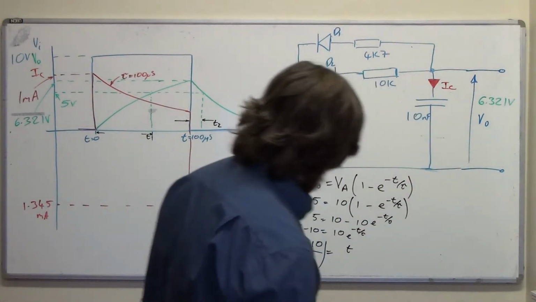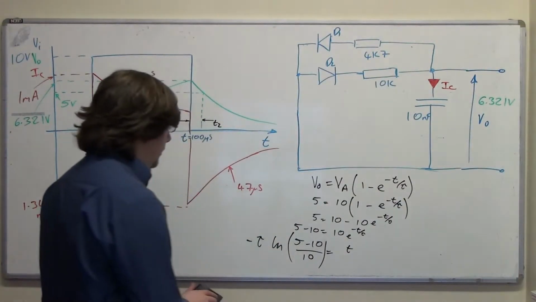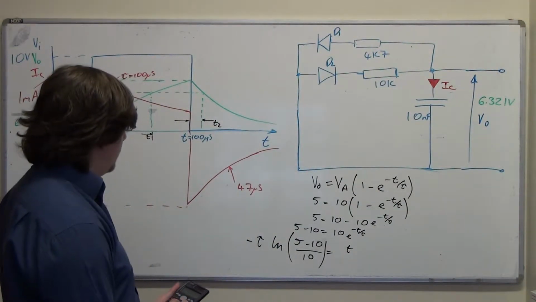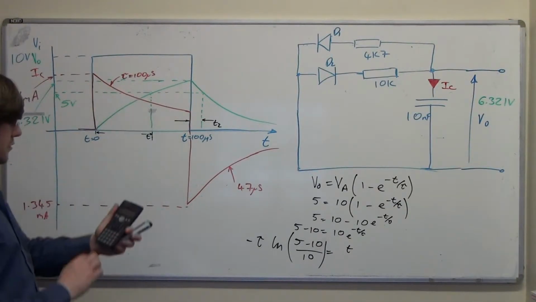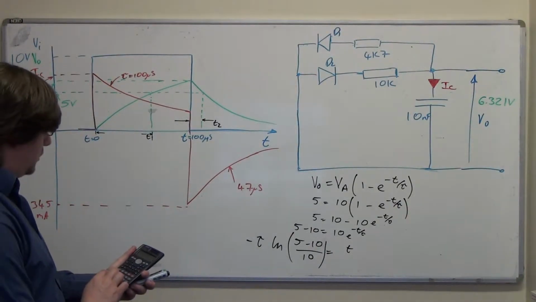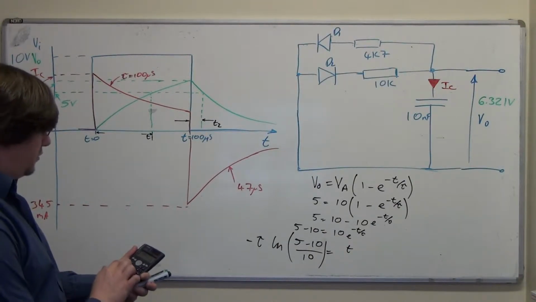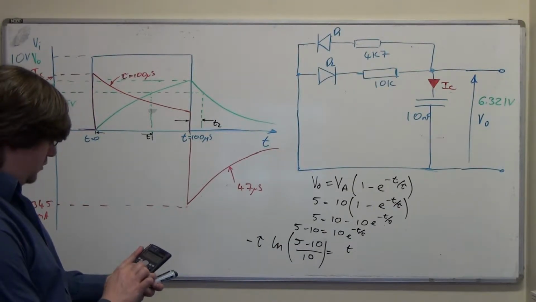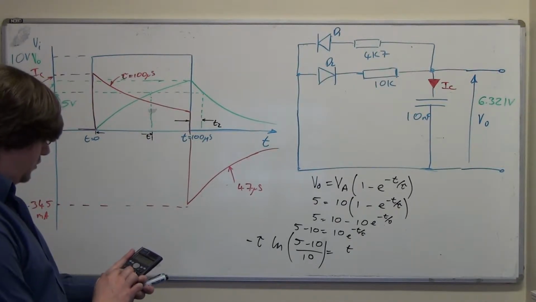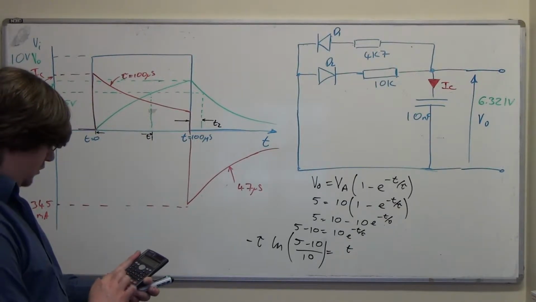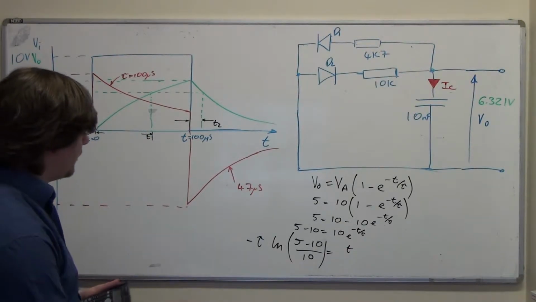And that's actually one of the same equations that we had in question 6, part A. So the tau in this case is the 100 microseconds. So we've got minus 100 e minus 6 times ln of (5 minus 10) divided by 10.